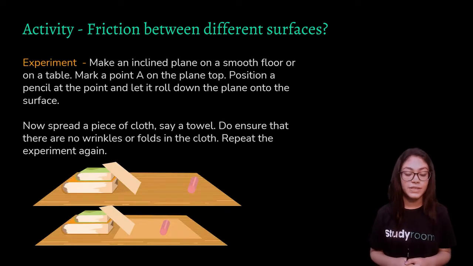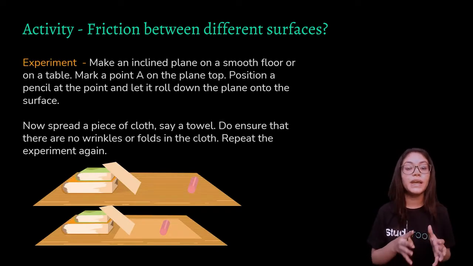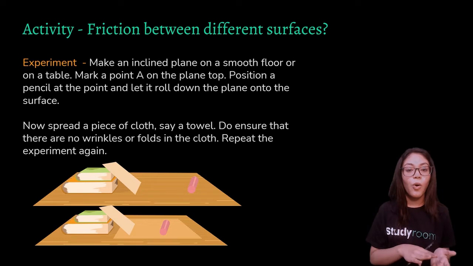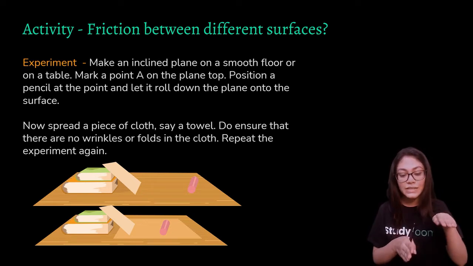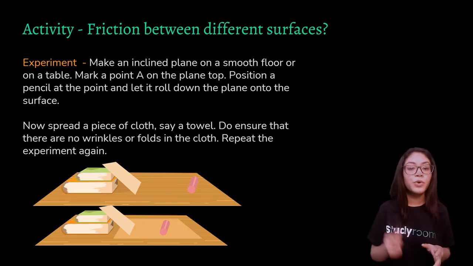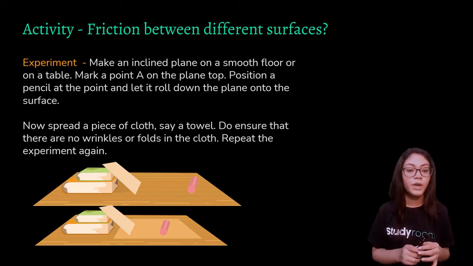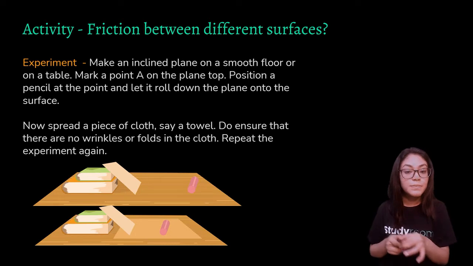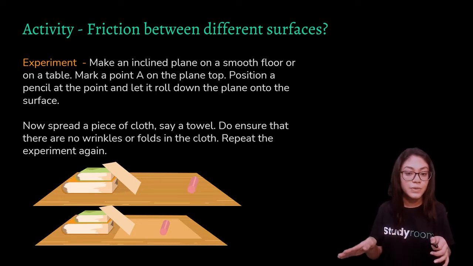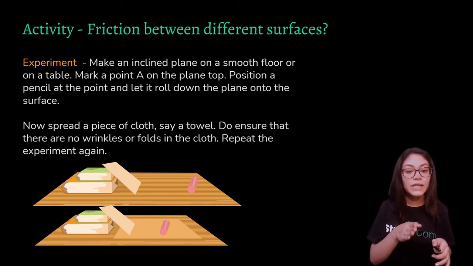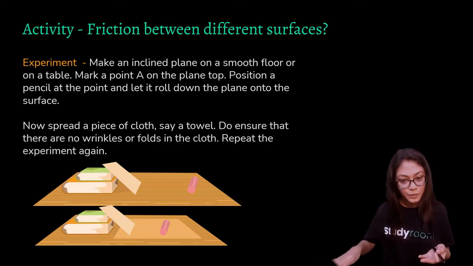So, let's perform this experiment. You make an inclined surface on the ground. You can pile up books and make an inclined surface as shown in the figure. You take a pen and roll it down the inclined surface, and let it roll on the ground as well.